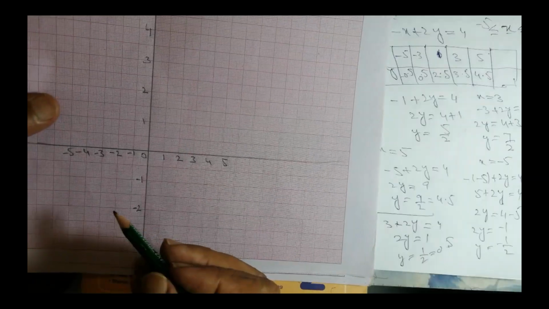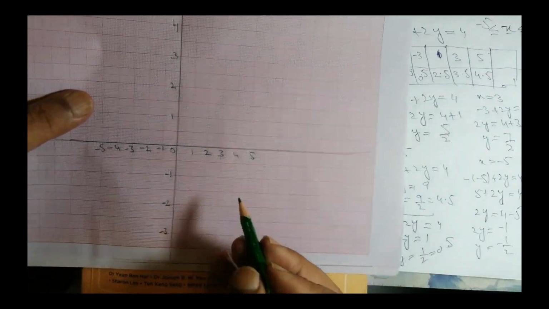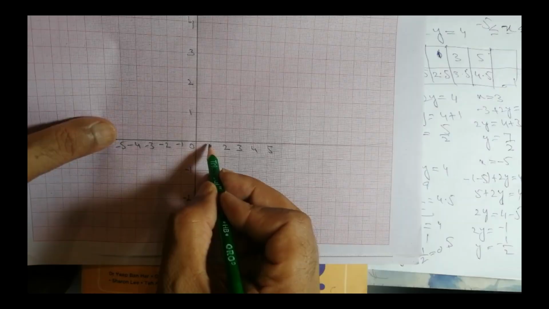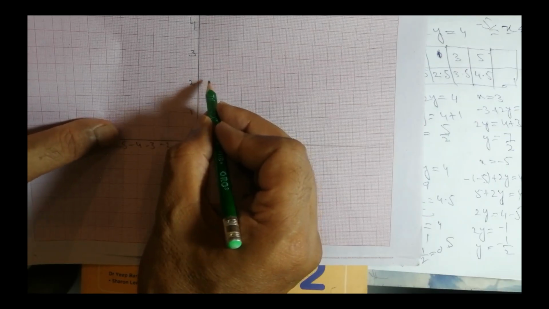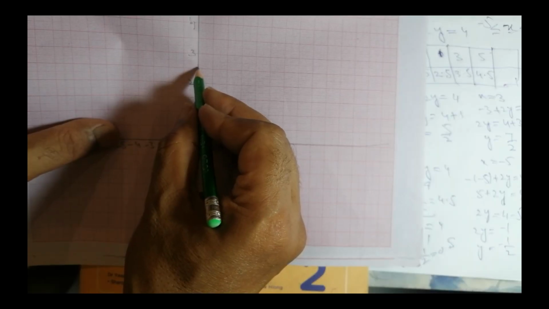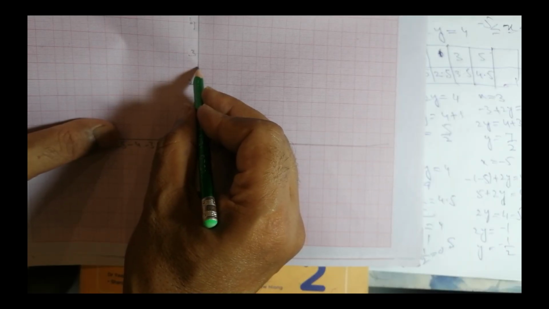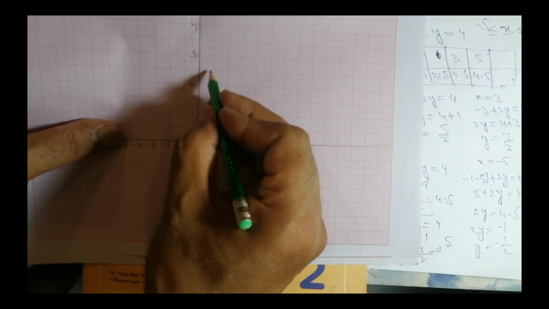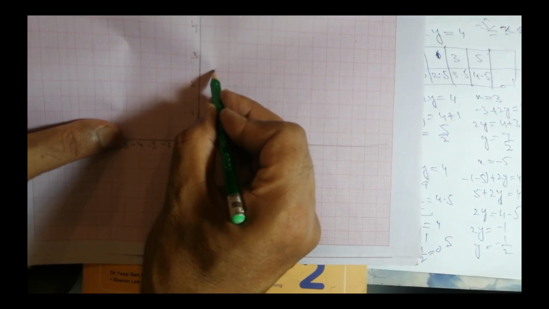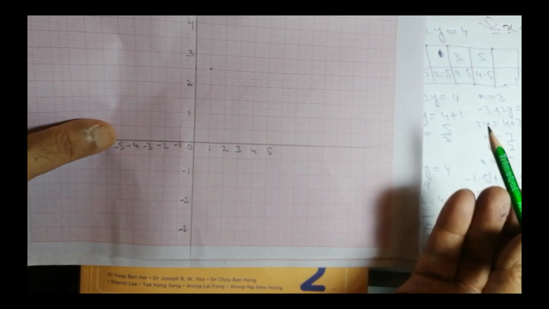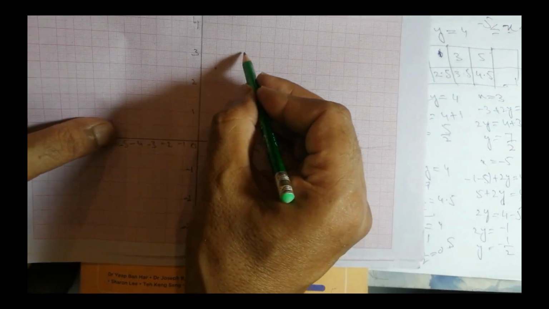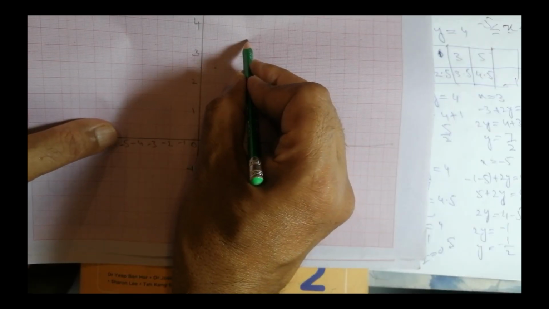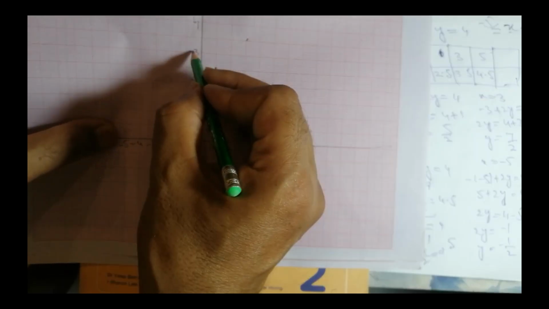The first point is x = 1 and y = 2.5. 2.5 is in the middle on the y-axis between 2 and 3. The next point is 3 and 3.5, where 3.5 is the middle of 3 and 4.